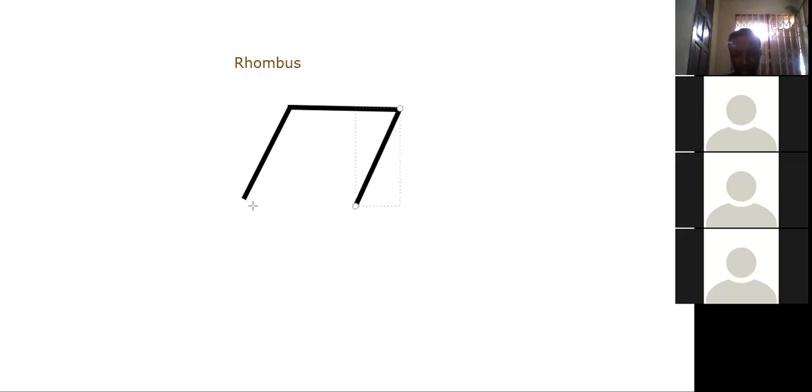All the sides are equal. So this is a parallelogram with equal sides. In other words, the parallelogram is like a rectangle and the next one is like a square.